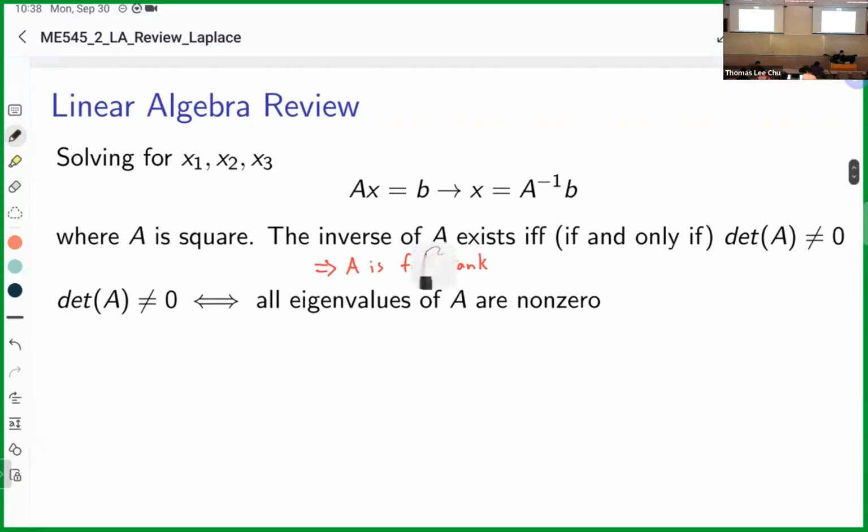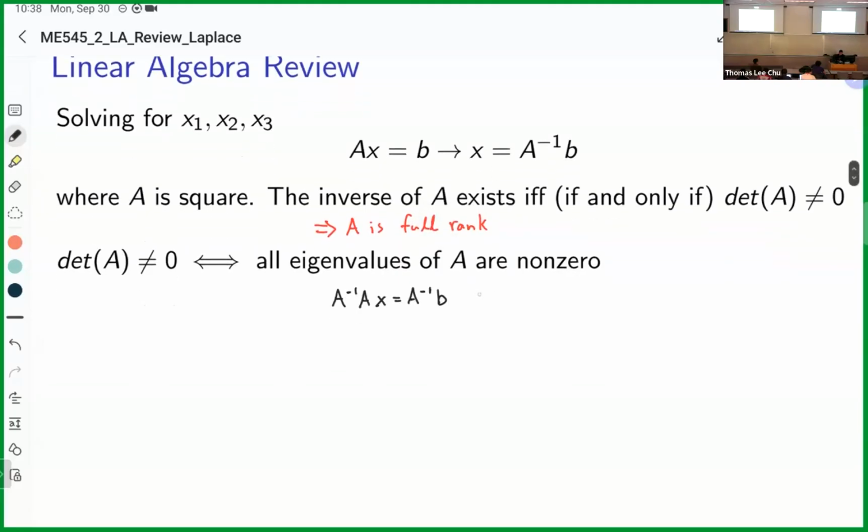One thing to note is that when we wrote A inverse AX is equal to A inverse B, we took the inverse on the left-hand side, but with matrix multiplication, order matters. So this is not generally the same as AX A inverse is equal to B A inverse.